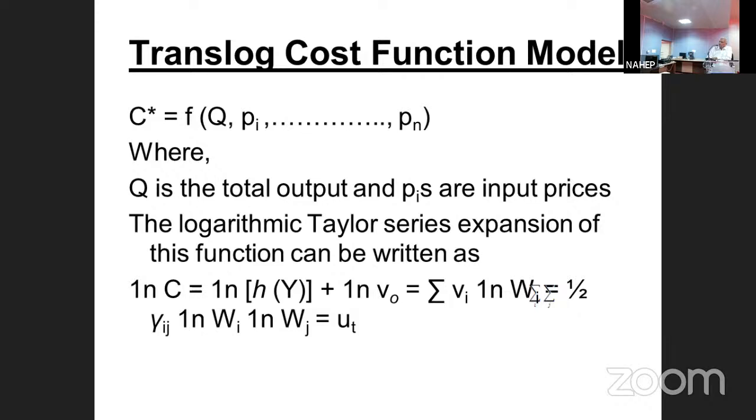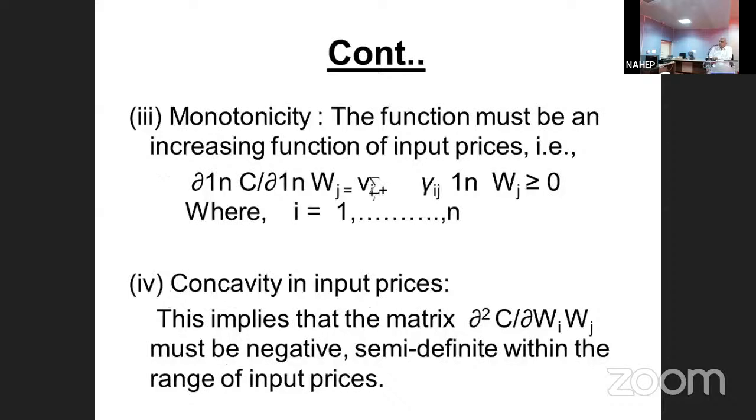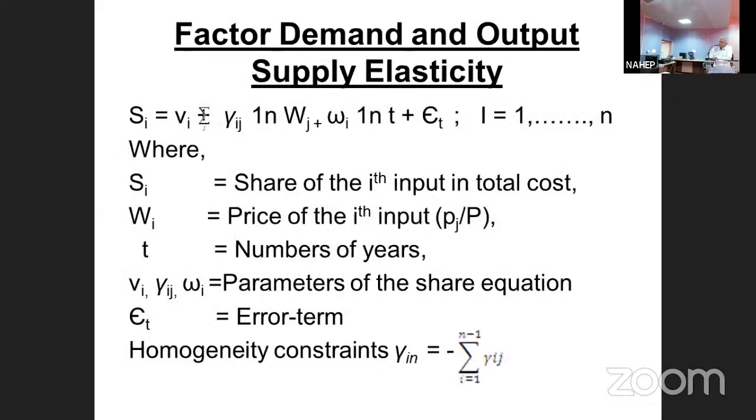Right? And for the translog function, we estimate the share equations. We have system constraints on this: the homogeneity constraint, monotonicity, and the convexity on the input side. This is the model we estimate. In the translog model, we estimate the share of inputs as a function of input prices and other factors. Share of input i, W is the price of inputs, and T is the number of years.